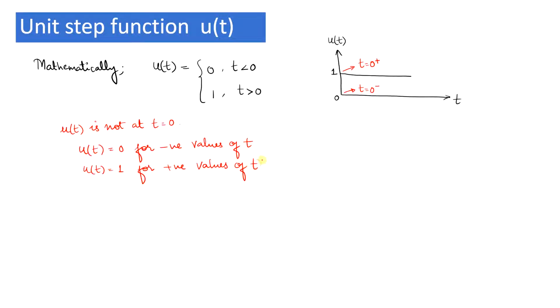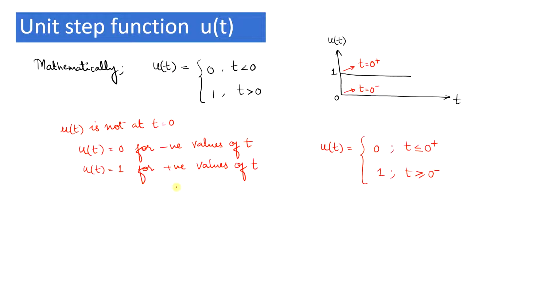So you can represent this as u of t equal to 0 for t less than or equal to 0 minus and 1 for t greater than or equal to 0 plus.